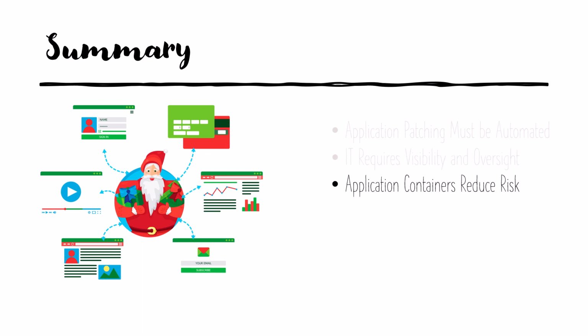Application containers and container orchestration can be used to reduce the risk. A great benefit of containers realized by infrastructure teams for years is that containers can scale elastically, be deployed quickly and consistently, and roll back to a previous state in a snap, which can be great for desktop teams too, as they don't need to stress over trying to back out an application by pushing an uninstall, then pushing an install of the previous version to get it back to a working state when a patch goes wrong.